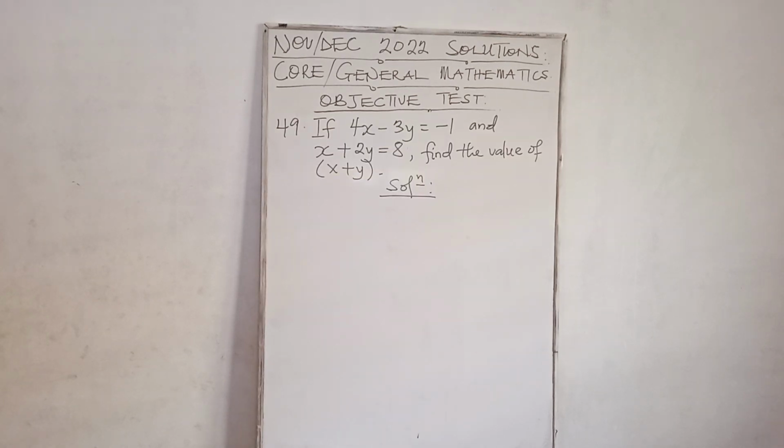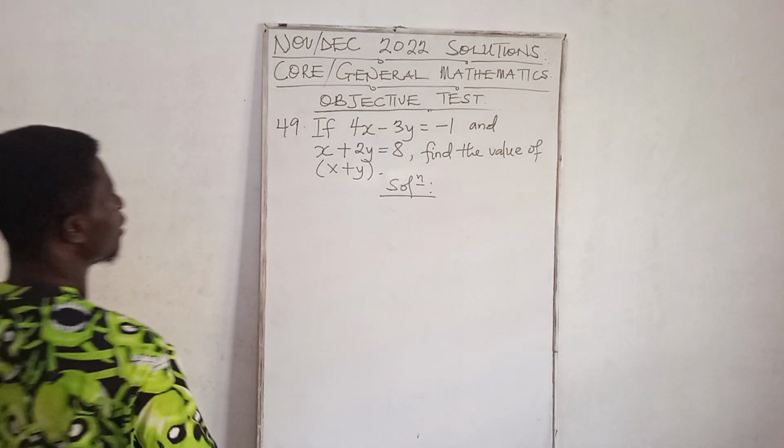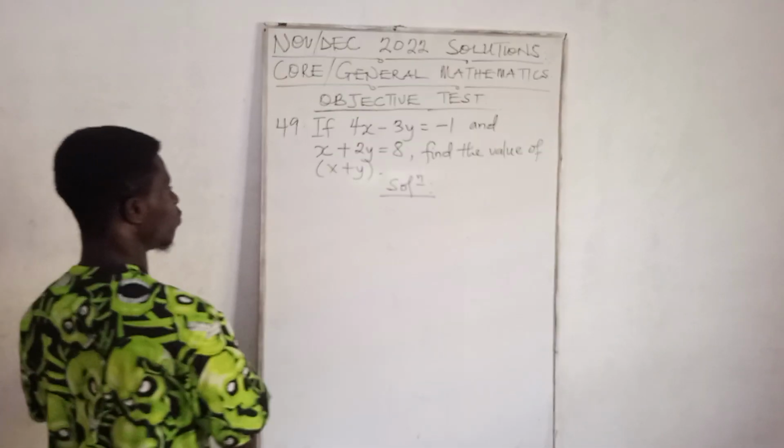So question 49. If 4x minus 3y equals negative 1 and x plus 2y equals 8, find the value of x plus y. So they said we should find the value of x plus y. So then we have to solve these two equations simultaneously to get x and y.